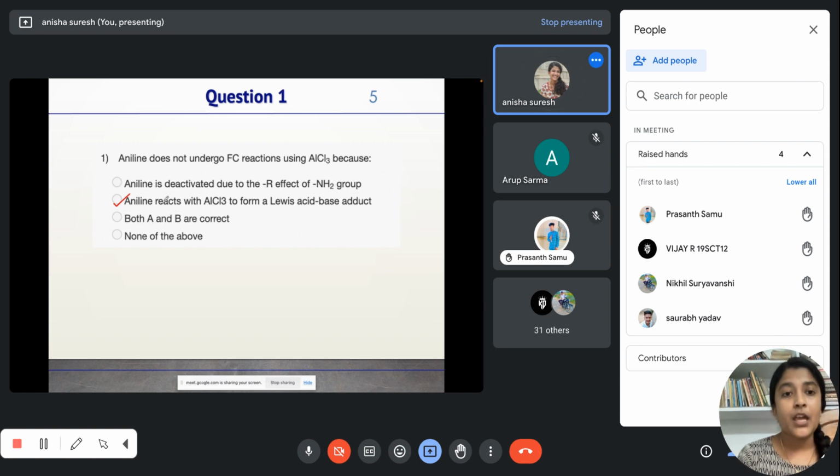Aniline reacts with AlCl3 to form a Lewis acid base adduct as we can see here. It is having a lone pair of electrons. The lone pair of electrons can coordinate with AlCl3, which is a Lewis acid, and it will result in this Lewis acid base adduct. So it will not undergo further Friedel-Crafts reactions. So option B will be the correct answer. Is this clear?